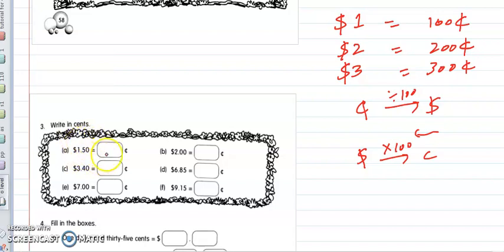Your dollar will get converted into cent, like $1.50 will be equal to 150 cents. $2.00 will be equal to 200 cents. $3.40, I will just remove the decimal point, so it will become 340 cents. $6.85 will be equal to 685 cents. $7.00 will be equal to 700 cents. $9.15 will be equal to 915 cents.